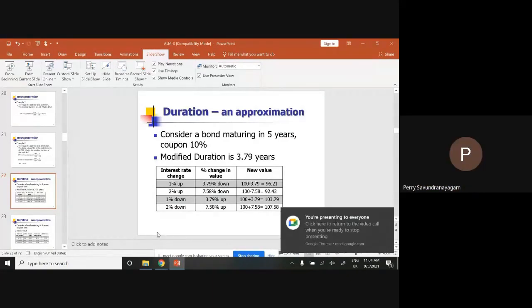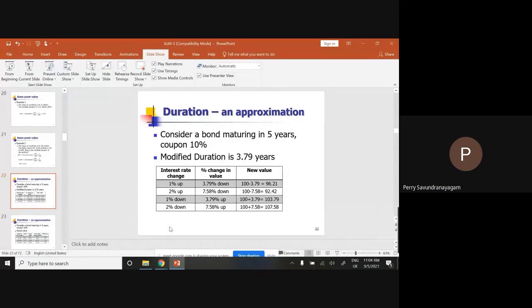Okay, right. You can hear me, right? Yes, sir. So basically now if you take the second scenario, interest rates go up by 2%. Now in that scenario, your modified duration is 200 basis points into the duration, the bond price goes down, because when yields go up, the price comes down.